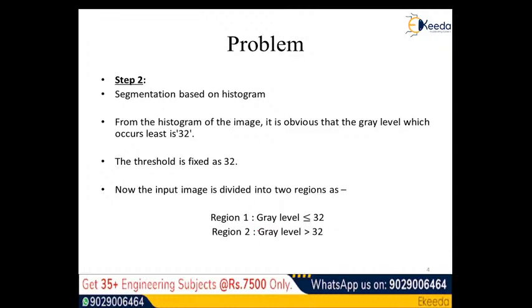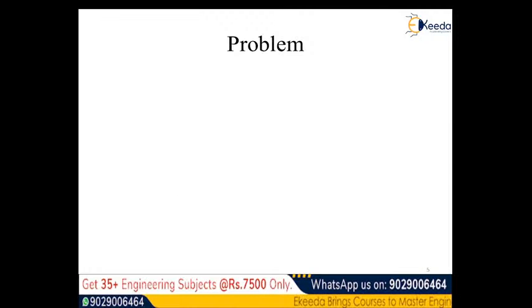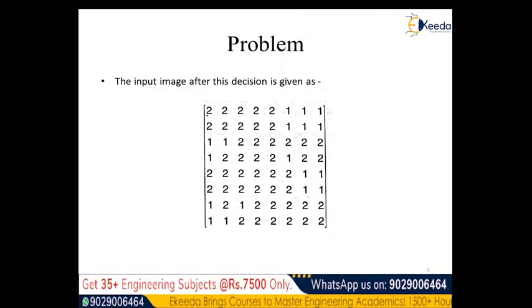If you take another matrix of the same dimension, 8 by 8, it will be the image after applying these decision rules of thresholding. It will be like this. In the first row you will find 2, 2, 2, 2, 2, which is 5 times, then 3 times 1.